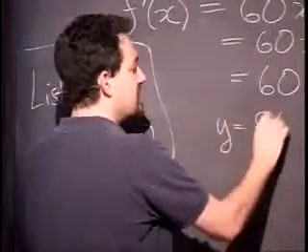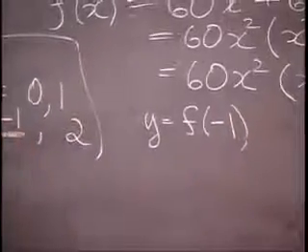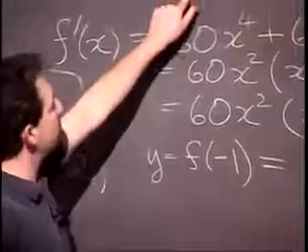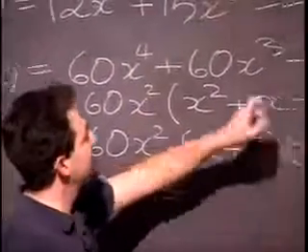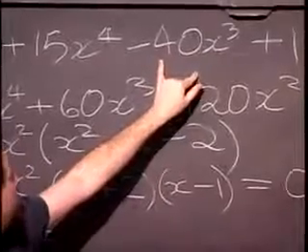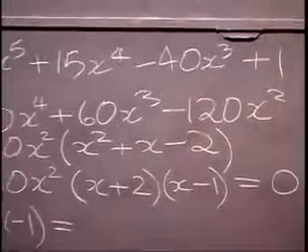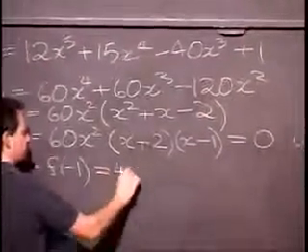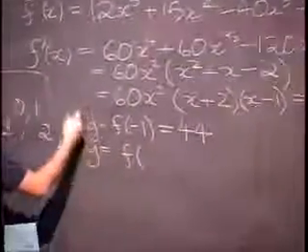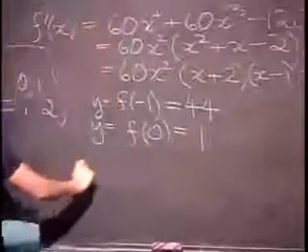Plug in f of, say, minus 1. That's one of the ones on the list. If you plug minus 1 into the original equation, you get minus 12 plus 15 is 3, plus a further 40. So it's 43 plus 1 is 44. You can just plug in 0 and you clearly get 1.